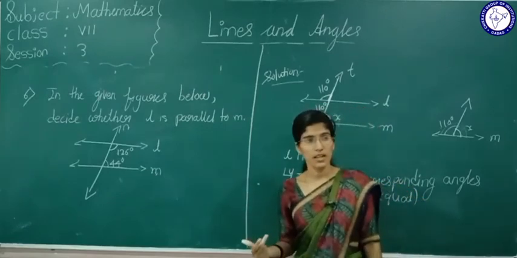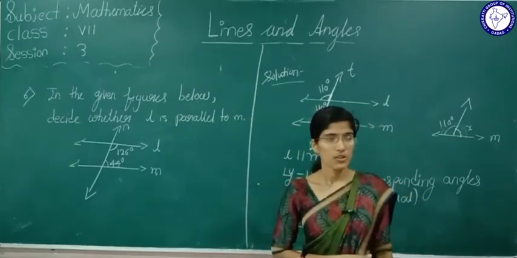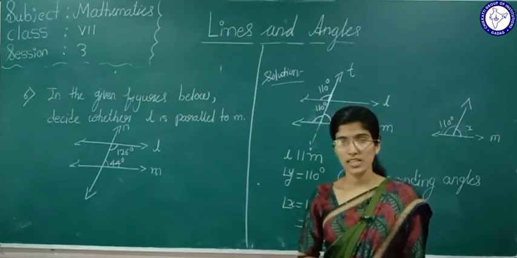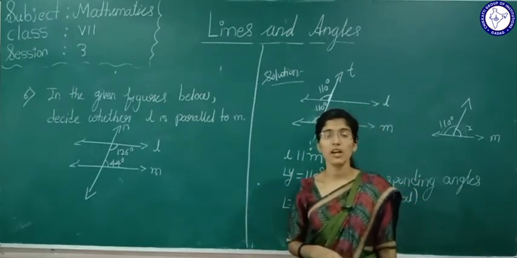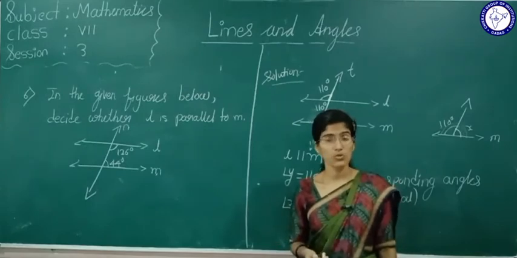Otherwise, if a pair of alternate interior angles are equal, at that time also we can tell that the two lines are parallel.